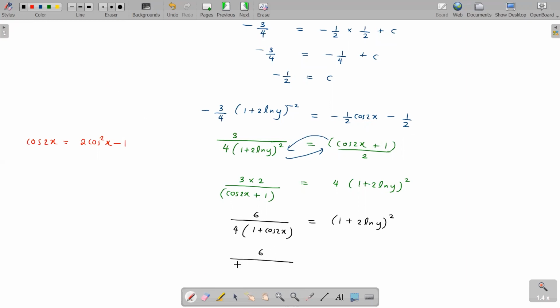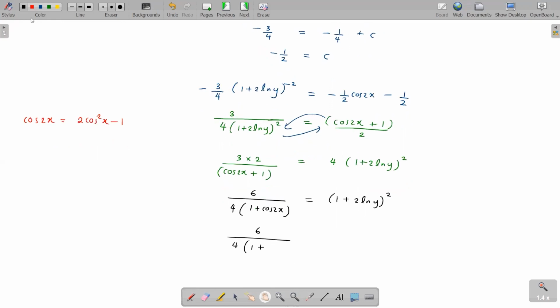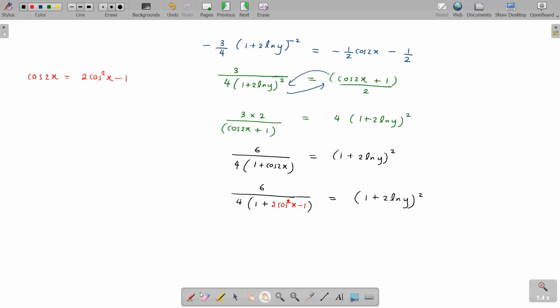6 over 4 times 1 plus cos 2x is 2 cos square x minus 1. 6 and 4, yeah, we can simplify. That gives me 3 over 2, right? Here the 1 and 1 would cancel.